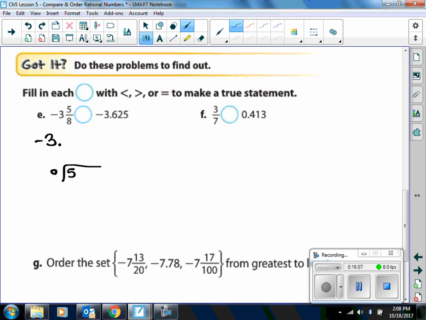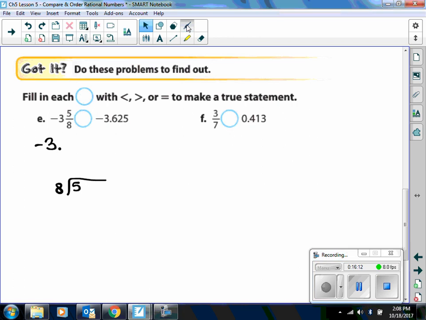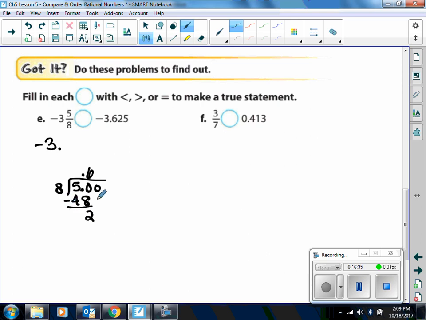Please make sure you know which one is the dividend and which one is the divisor. Okay, so now you can add your decimal and bring it straight up and then annex a 0. How many times does 8 go into 50? 6 times. 6 times 8 is 48. And then we subtract and we get 2. So let's annex another 0 and bring that down. So 8 goes into 20 2 times. Very good. 2 times 8 is 16. And then we subtract.